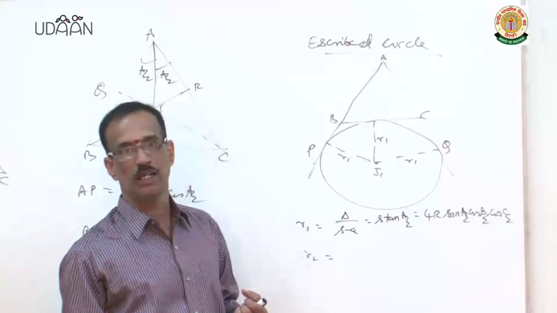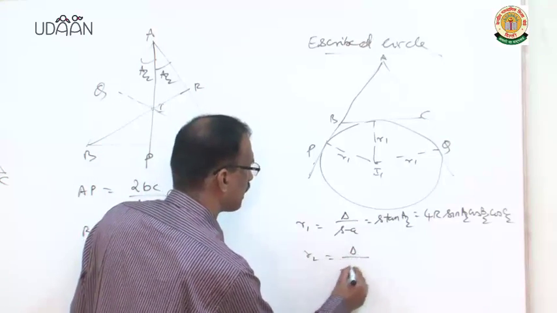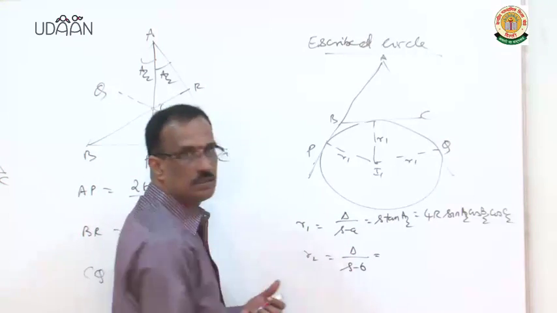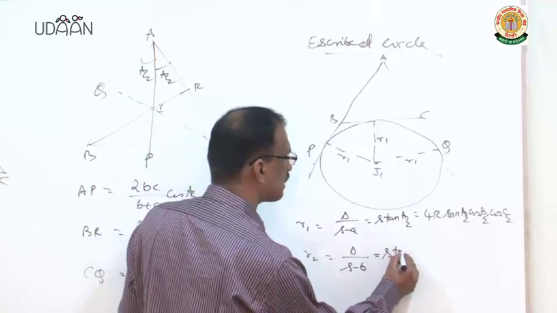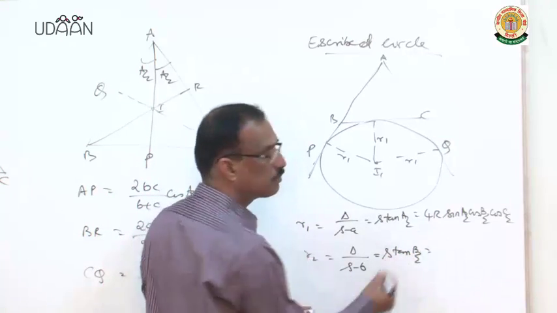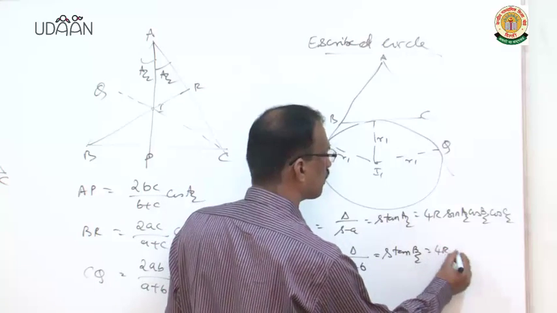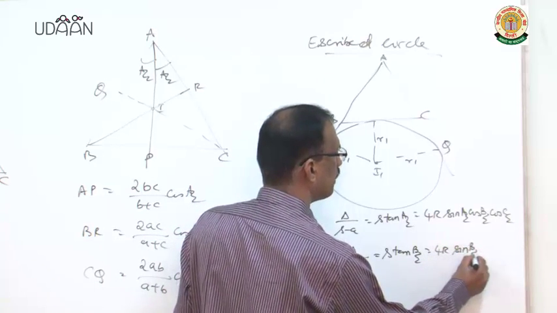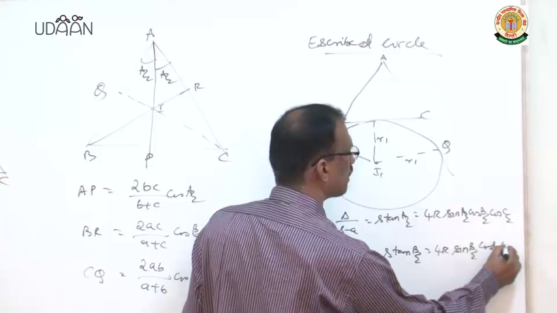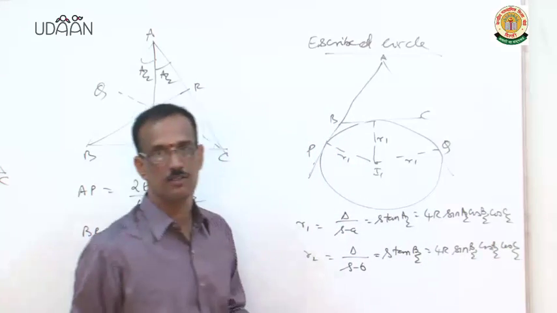So R2 we get, that is del by S minus B, that is the same as S tan B by 2, that is equal to 4R sin B by 2 cos A by 2 cos C by 2.